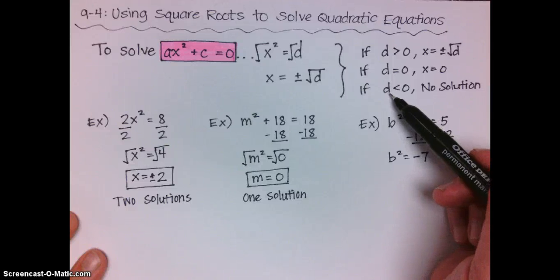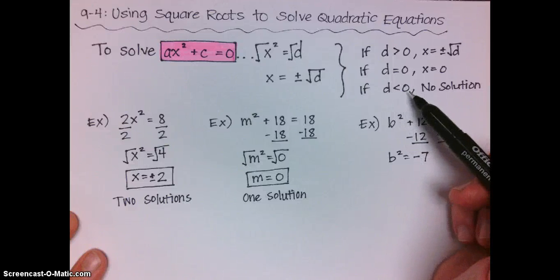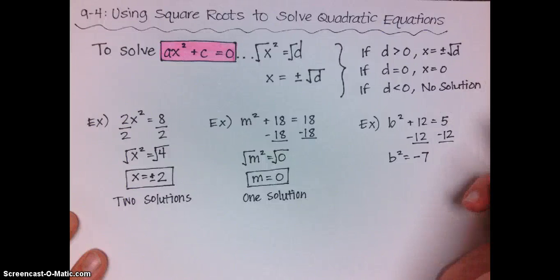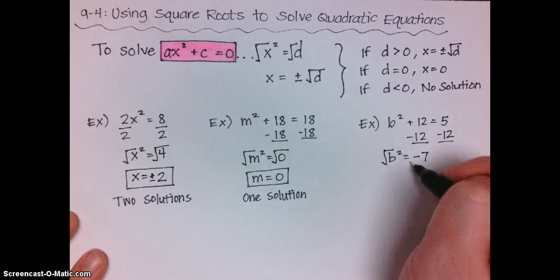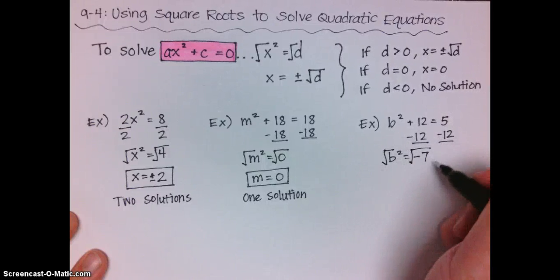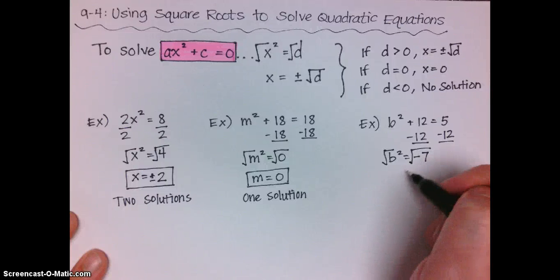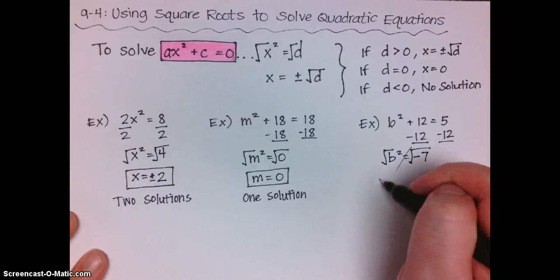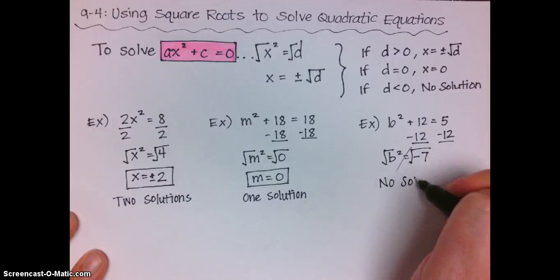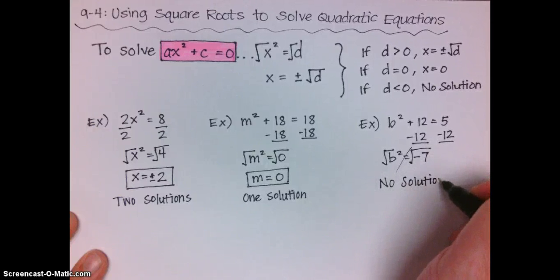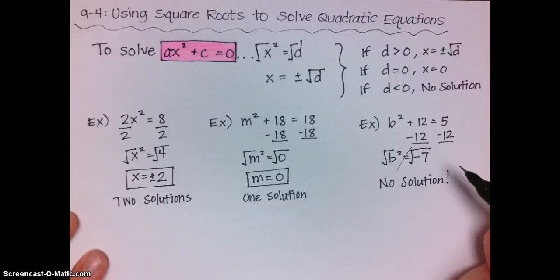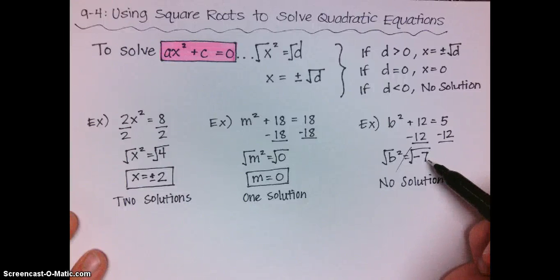If the number you have is less than 0, there's going to be no solution, because I am not able to take the square root of a negative number. That's not going to happen. I can't think of any number that when I multiply it by itself, I get a negative number. So this is going to be no solution.